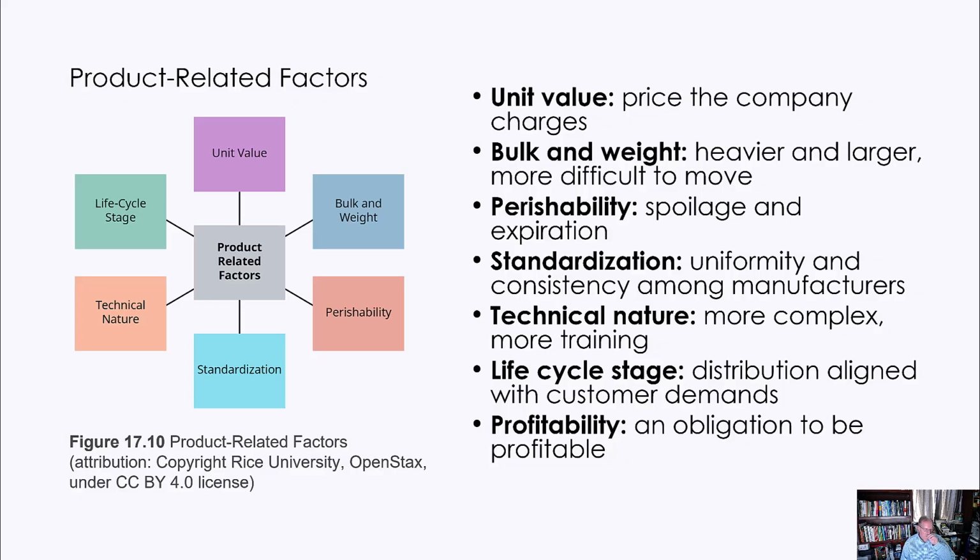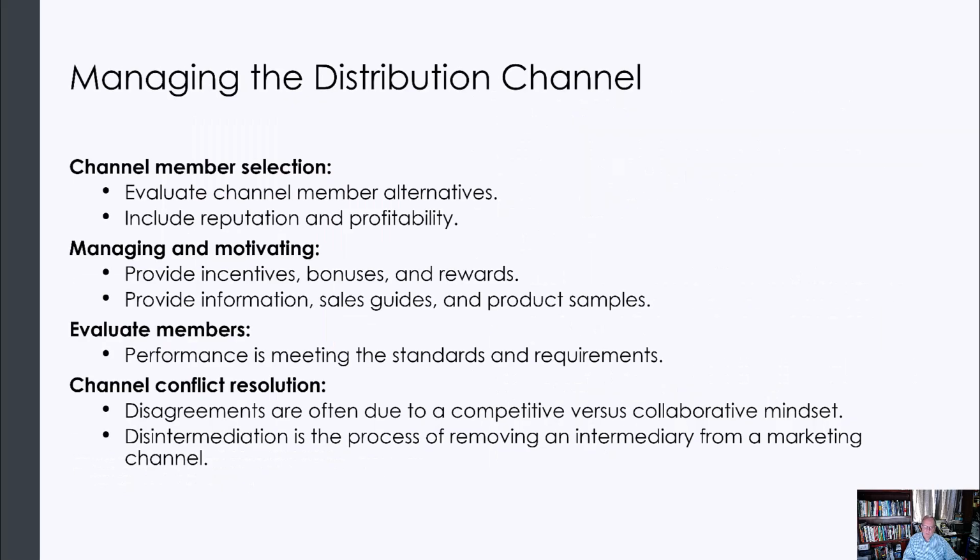And so will Best Buy actually take that big television set, bring it there, unpack it, and set it up and install it? So we've got lots of product related factors that go into how we distribute, how we set up, and how we take care of the wants, needs, and expectations of customers, and how we best satisfy them based upon all of these product related factors.